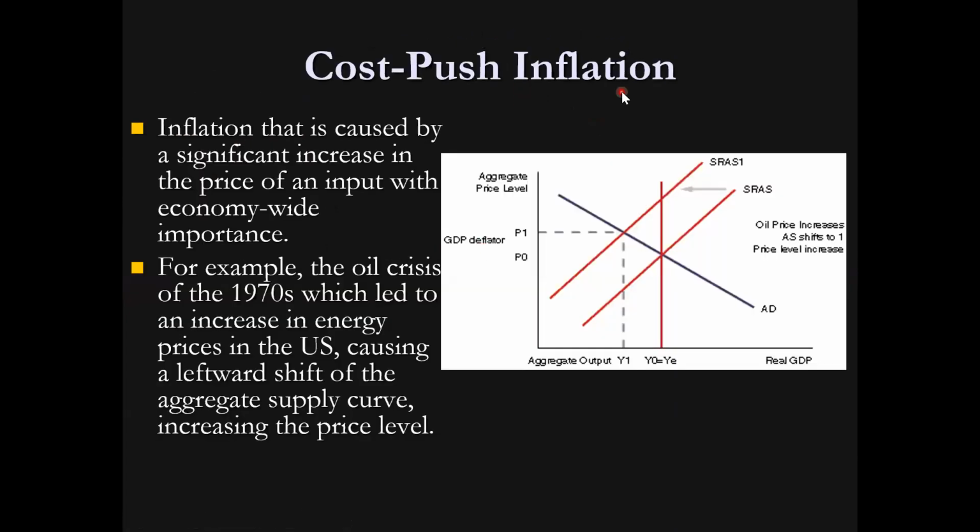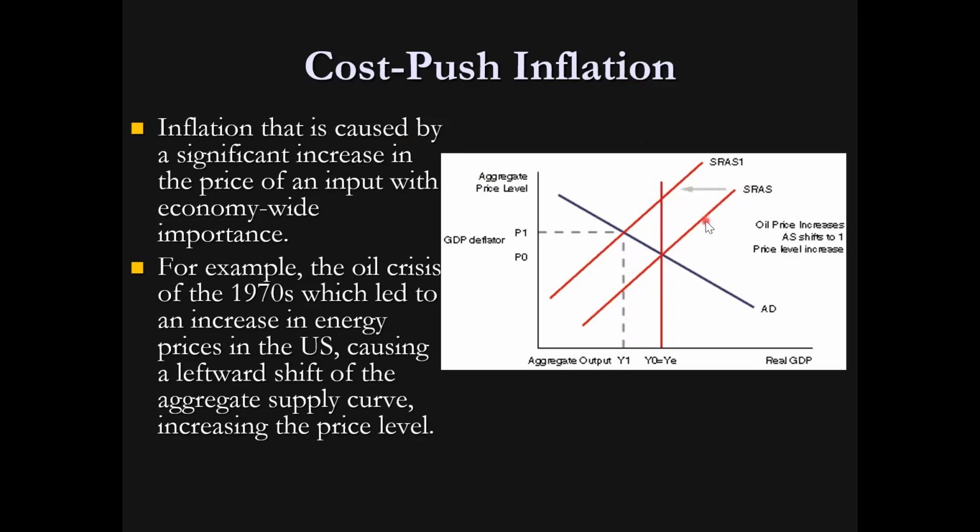So here we discuss the first type of inflation, which is an important type. It's called cost-push inflation. This inflation is caused by a significant increase in the prices of inputs with economy-wide importance. In cost-push inflation, we have higher prices of factors of production, which lead to less production, which leads to a shift to the left of the short-run aggregate supply.